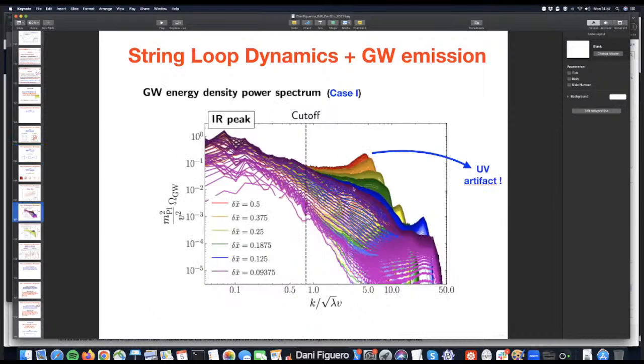And this is what this spectra of ultra high resolution shows. Take into account that maybe you cannot resolve high enough k to see the gravitational waves from the cusp. Well, this scale is around the width of the core of the string, okay?